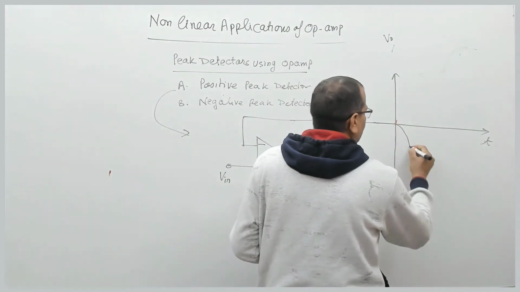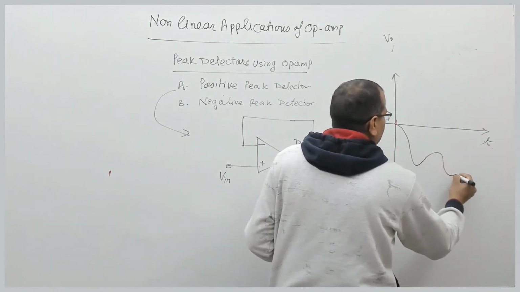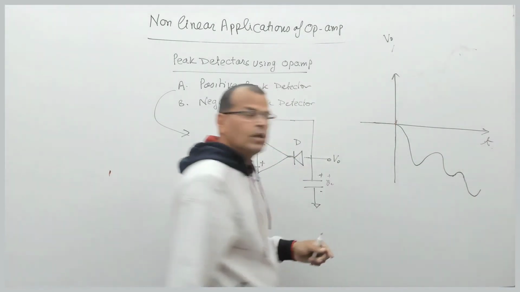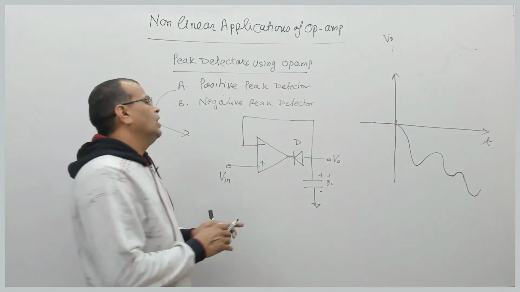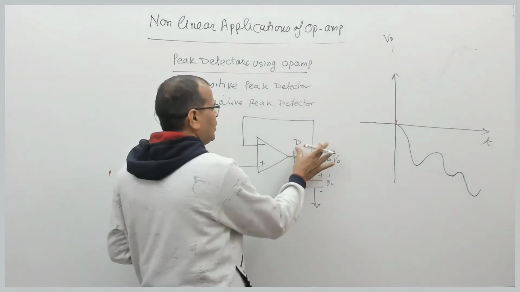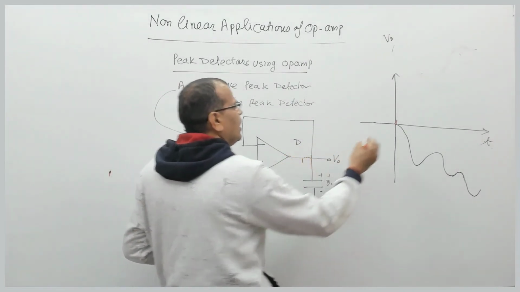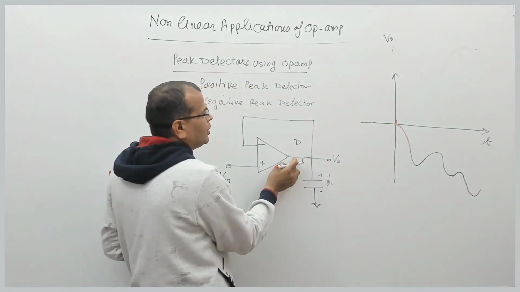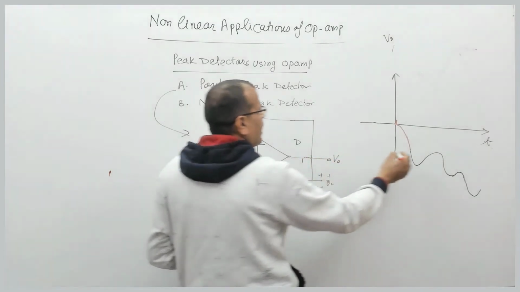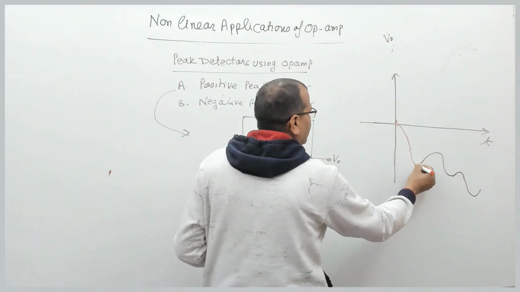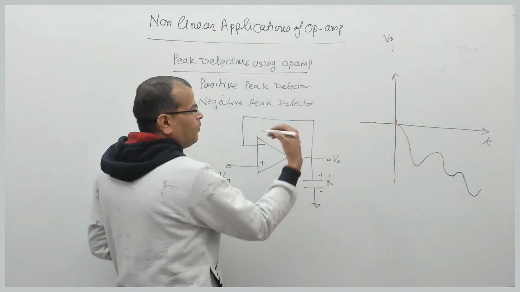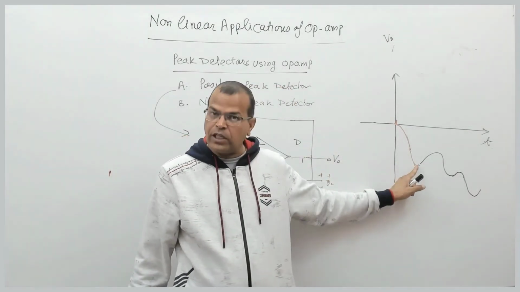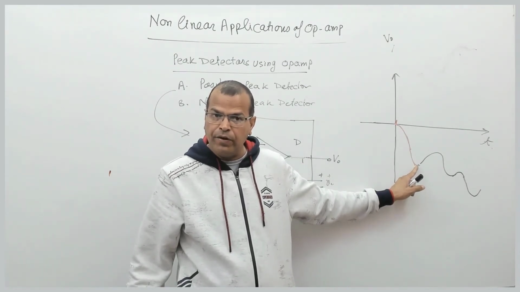Suppose the input voltage waveform is like this. So when it is negative, the diode is closed, and the output follows the input while the input voltage is increasing in the negative direction. But at this point, the input voltage starts falling, becoming less negative.